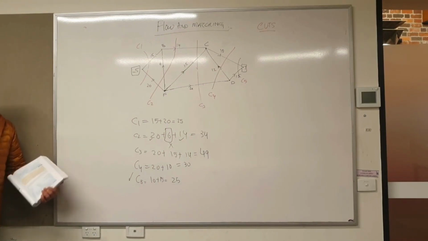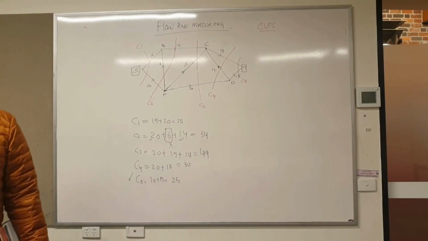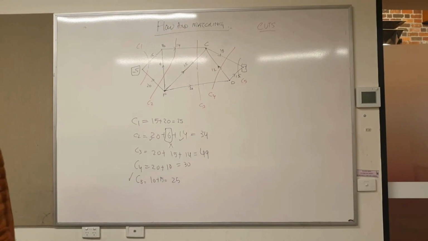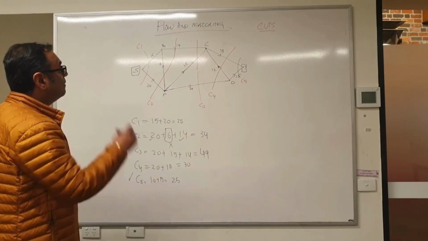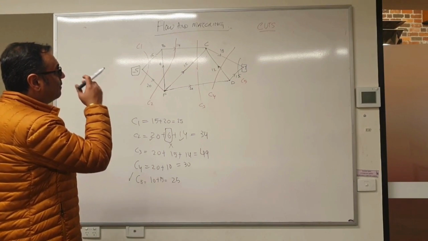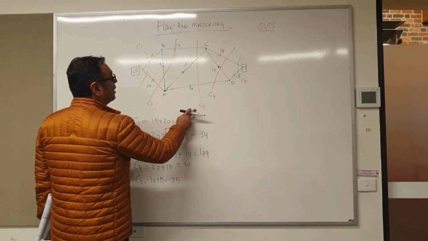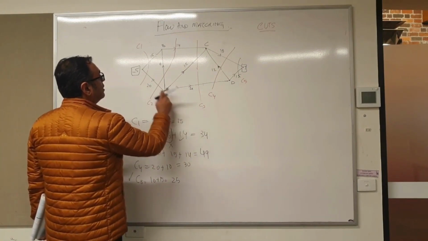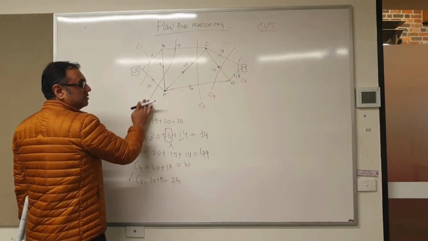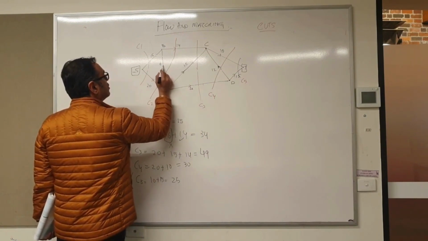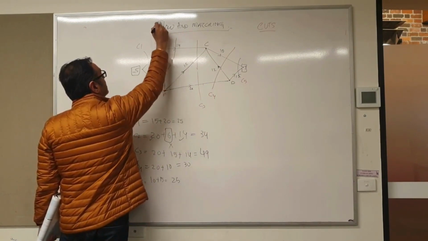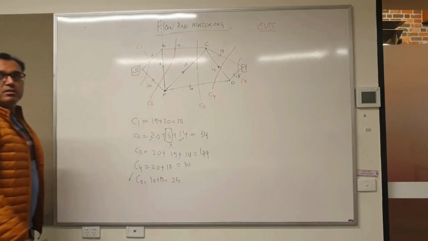Any doubts here? Wait, why is the diagonal 15 one valid but not the 6 that's going on? For C3, yeah. Let's look at this cut. Where is the water going? Is it ever going to cross the cut?